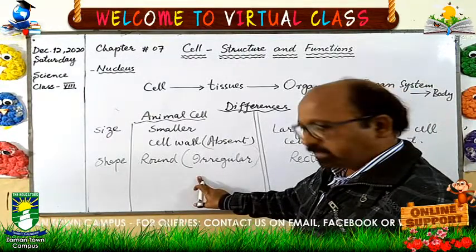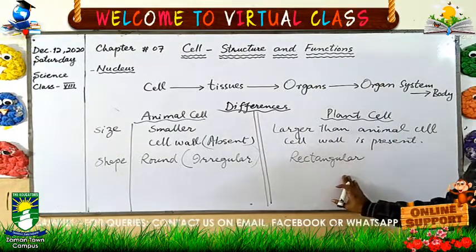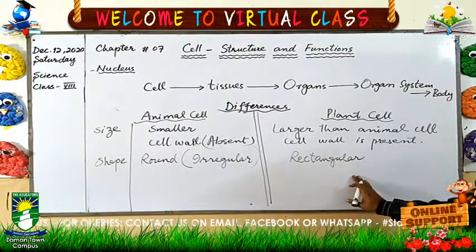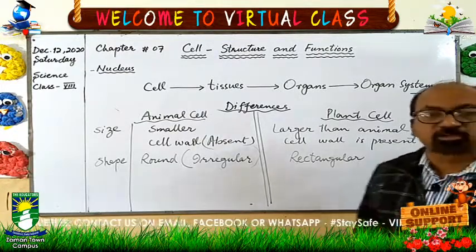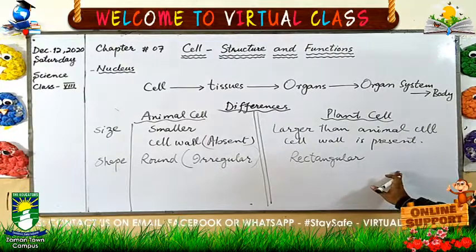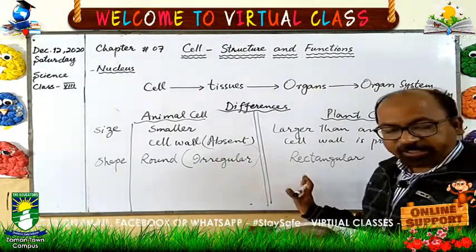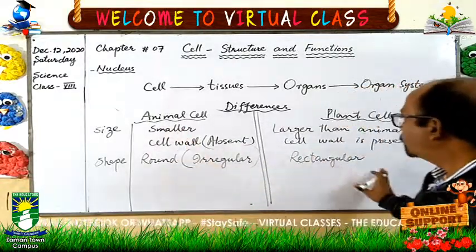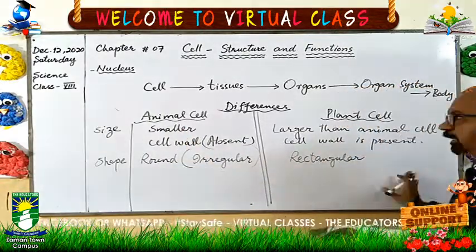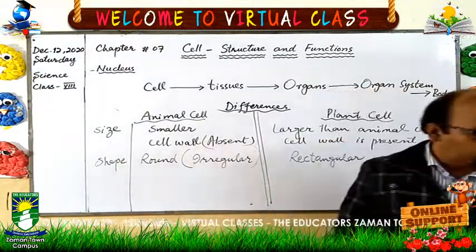In the plant cell, the Golgi apparatus is present, but its name is dictyosomes. Dictyosomes are like the Golgi bodies and are present in plant cell, while Golgi bodies are present in animal cell near the nucleus.